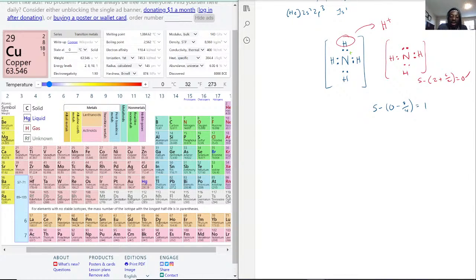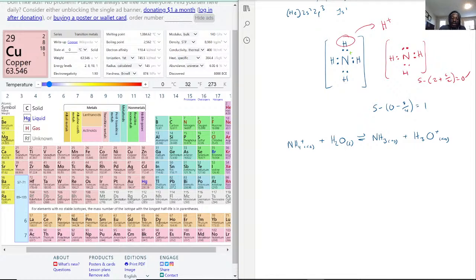So with that being said, if you wrote the full formula, it'd be NH4 plus, okay, plus water. I don't like putting H3O. I get too excited, I guess. And it's going to turn into NH3, okay, plus H3O plus.